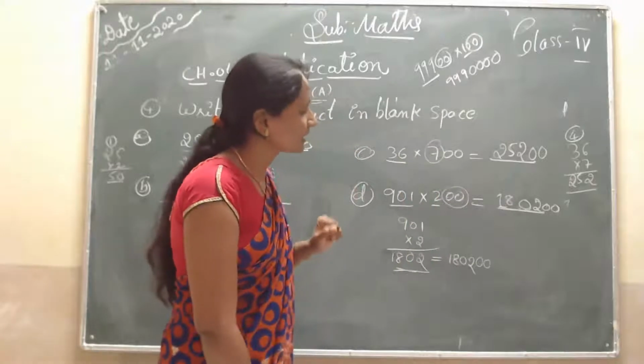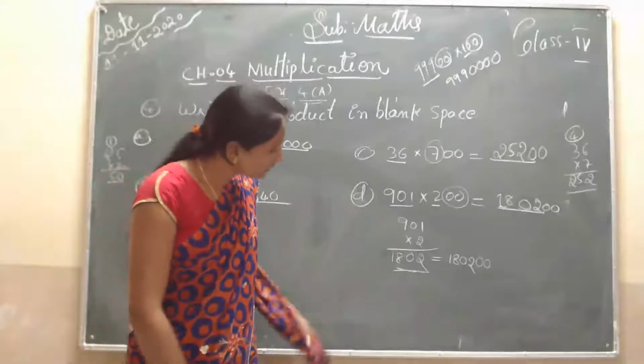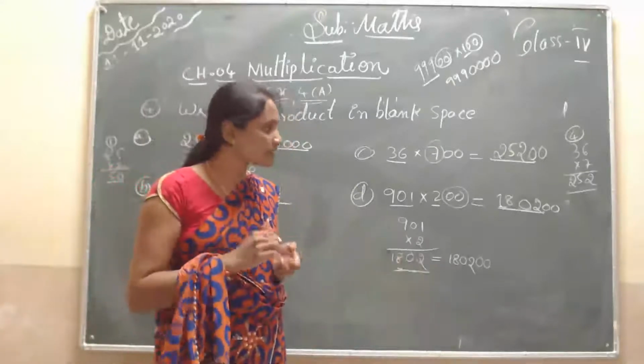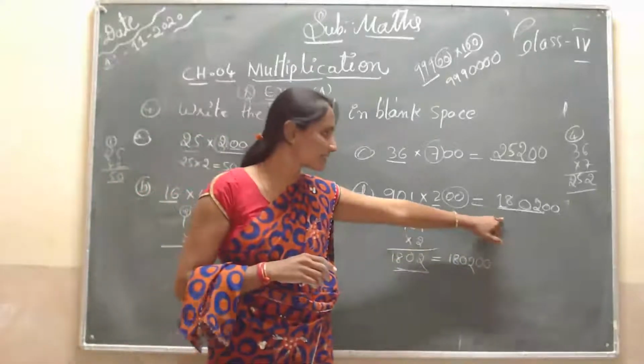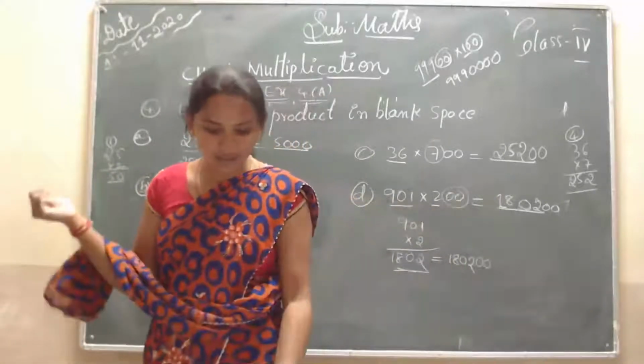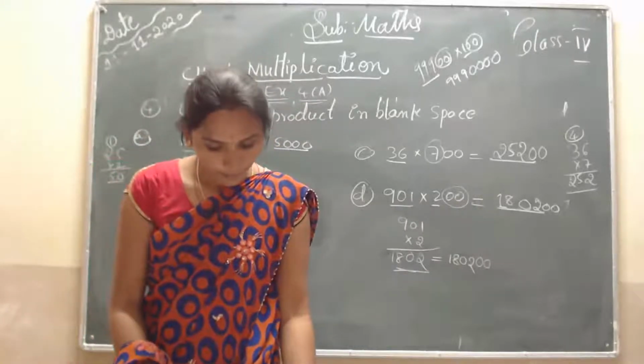So 180,200 is the answer. What is the product of 901 into 200? What is the result? So that is the result here: 180,200. Yes, students, 180,200.